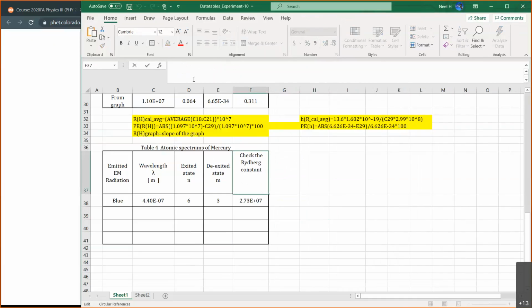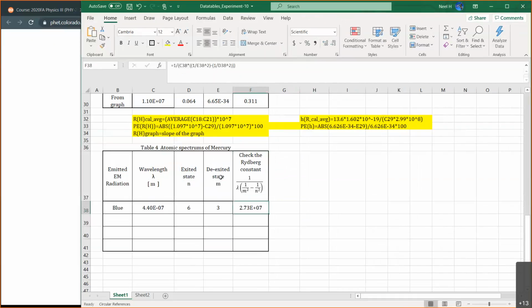The reason is that the Bohr model is precisely valid only for the hydrogen atom. There's a way to modify it for some other elements, but if the atomic weight is too high, it's not going to match anyway. So we don't need to compare anything, we'll just observe that. This is going to be 1 over meter, the unit.